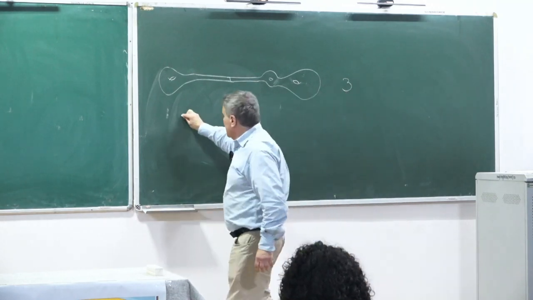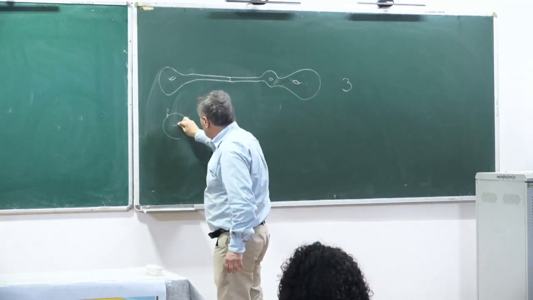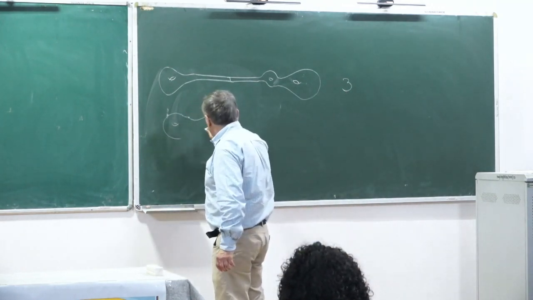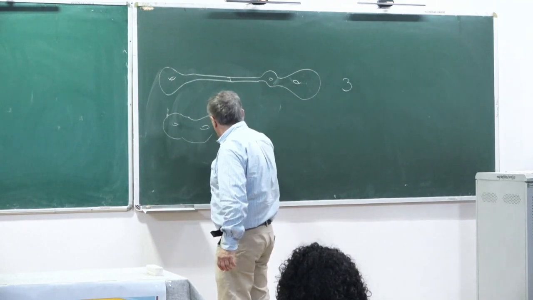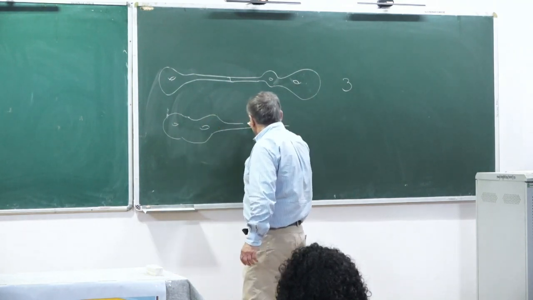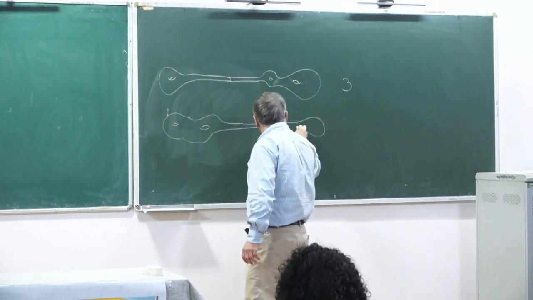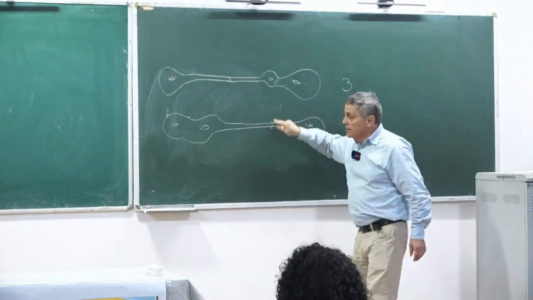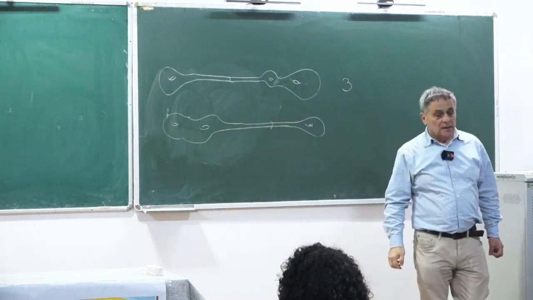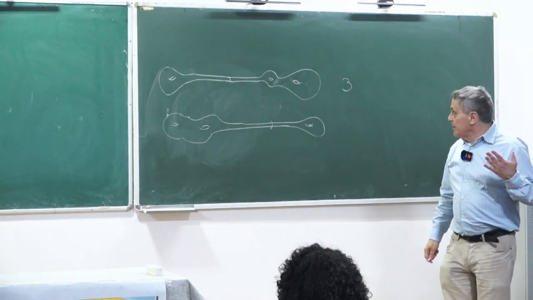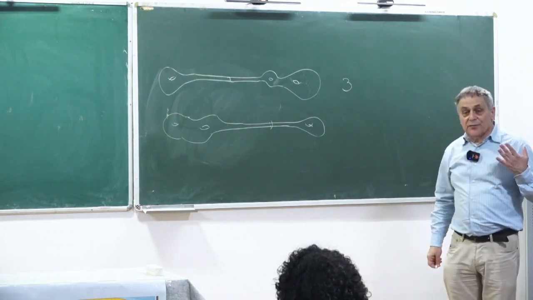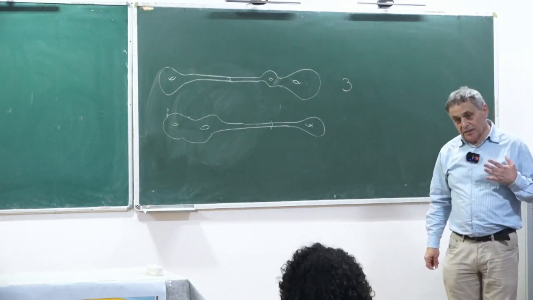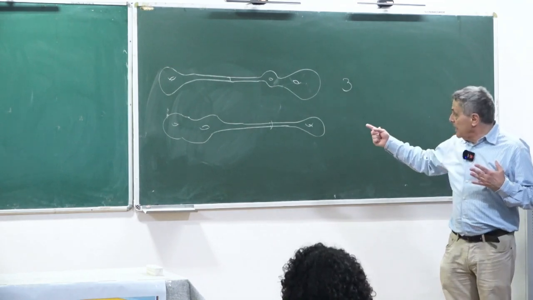And let me take another surface here, with a long tube here. In fact, they represent different points in Teichmuller space, even if they are isometric.